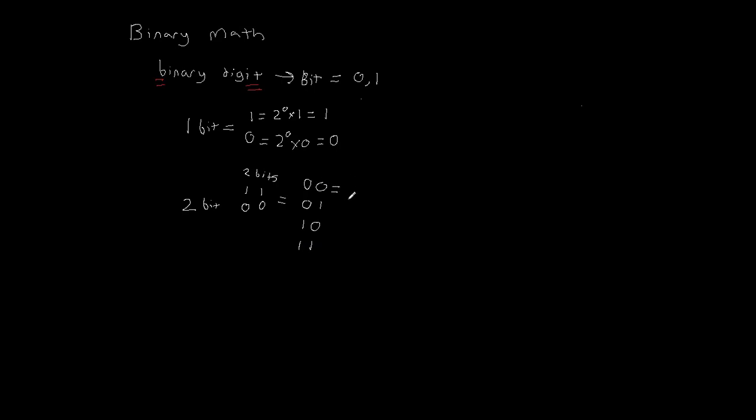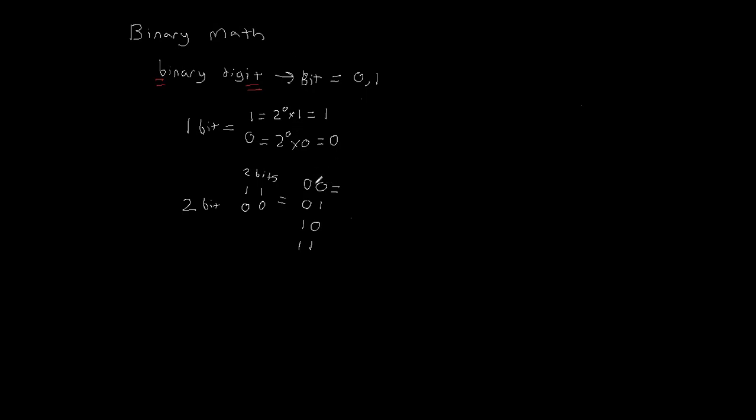If you think back to when you were learning, actually you may never have been explicitly told this, but the reason that our base 10 number system works the way it does, with tens, hundreds, thousands, etc., is because each digit is a power of 10. Well, in binary, each digit is a power of 2. Hence why I did the 2 to the 0 up here.